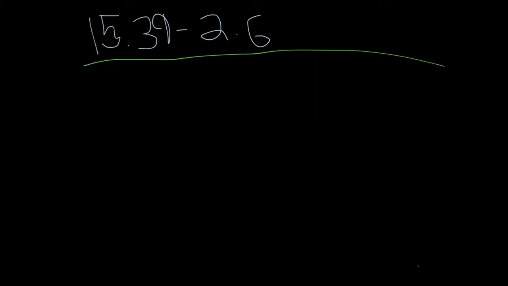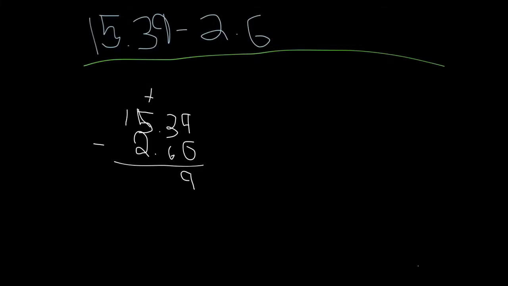Now you are going to minus decimals, or subtract decimals. So 15 and 39 hundredths minus 2 and 60 hundredths. So 9 minus 0 is 9. 3 minus 6, you can't do that, so you cross out the 5, make a 4.